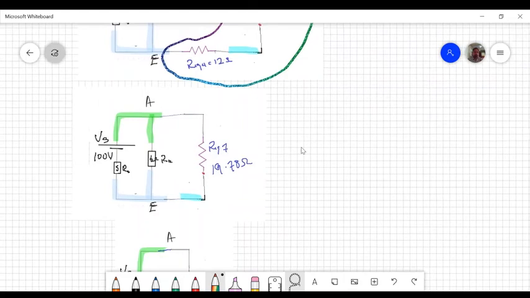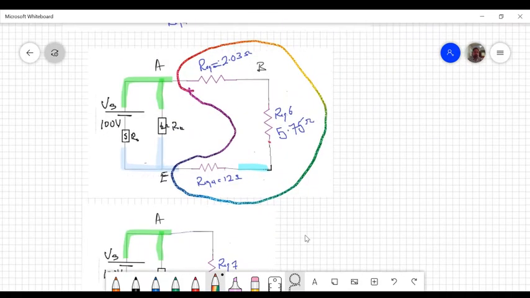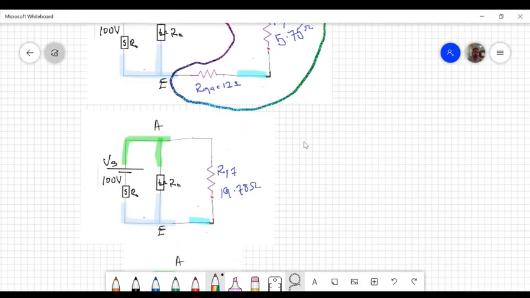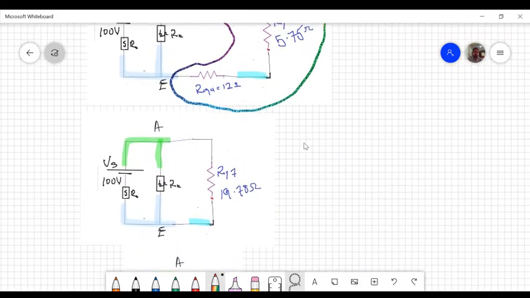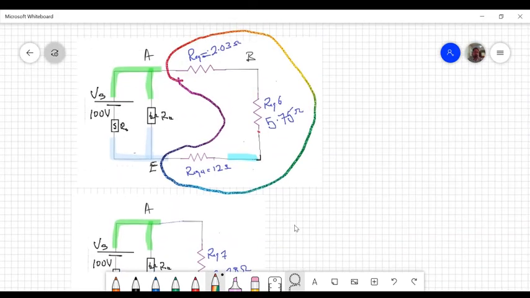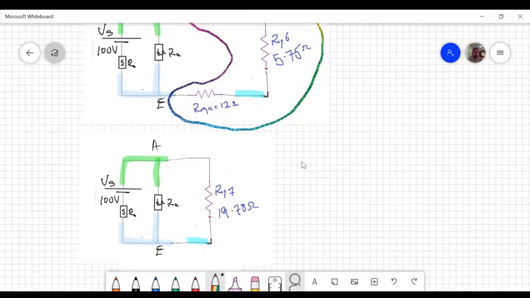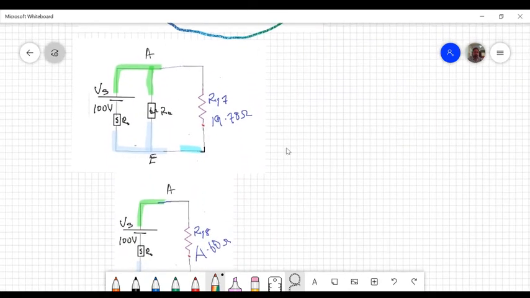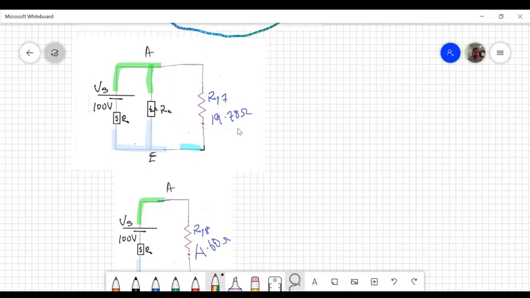So reducing the circuit further, we remove those three resistors and replace them by the equivalent, and you get this. Notice the three resistors are gone, replaced by just REQ7. Now REQ7 is in parallel with that 6 ohm. Again, you could use your series parallel formula, or you can use the product over sum formula and you'll get that 6 and 19.78 is 4.60.